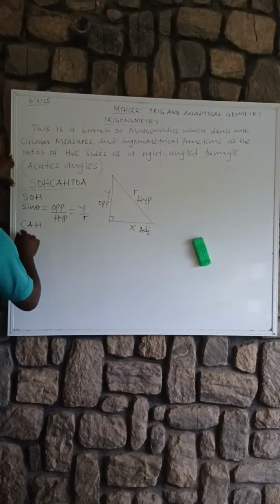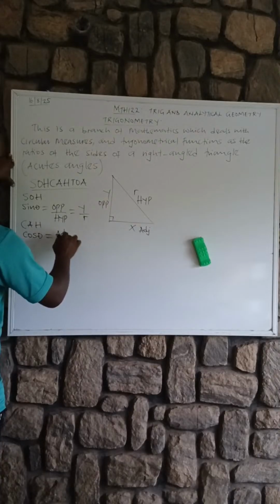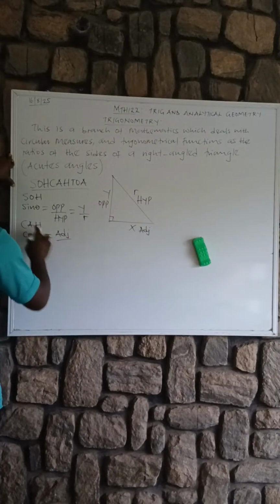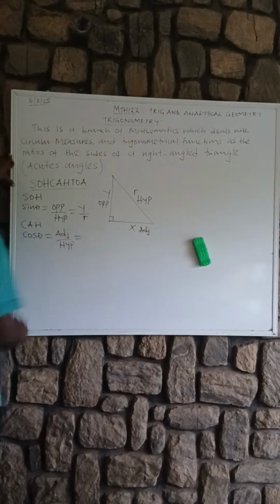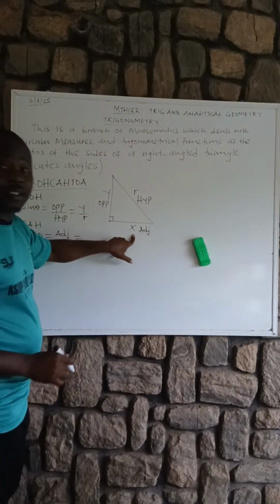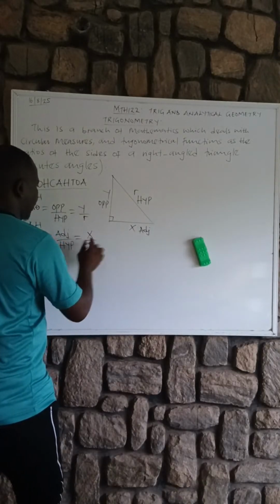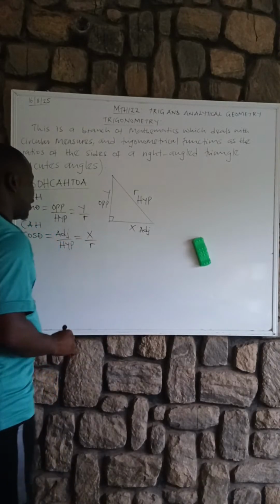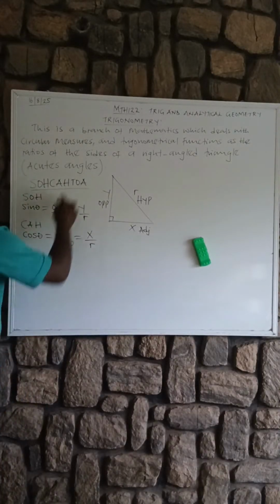This means cos theta, which is equal to A, meaning adjacent, then H means hypotenuse. Then this is equal to adjacent, which is X, then hypotenuse is R. Okay. Then TOA.